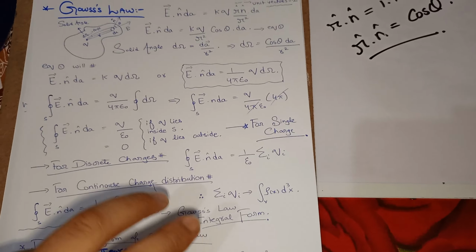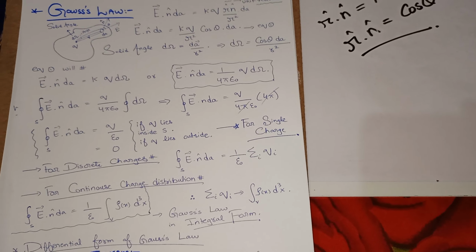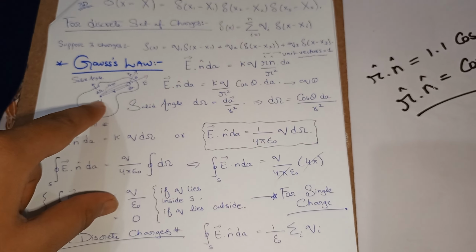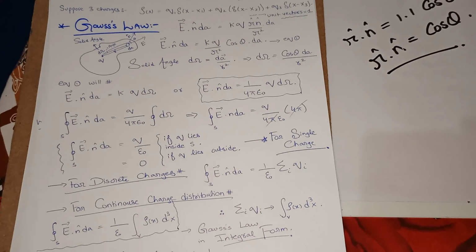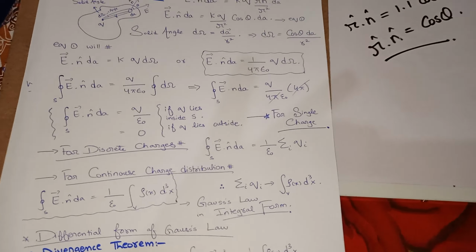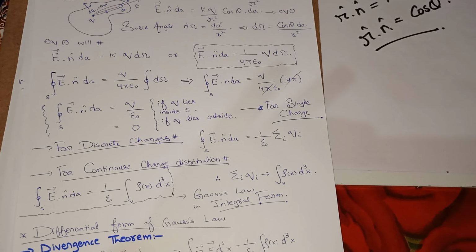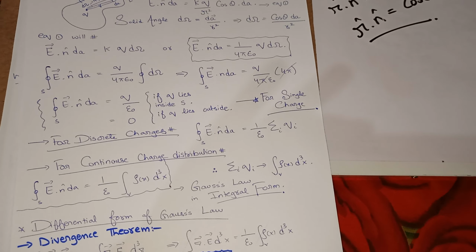This is for the case of one charge inside. Suppose we have just one charge inside this sphere; for a single charge it becomes q by epsilon naught. But if there are n number of charges, you just have to use summation.